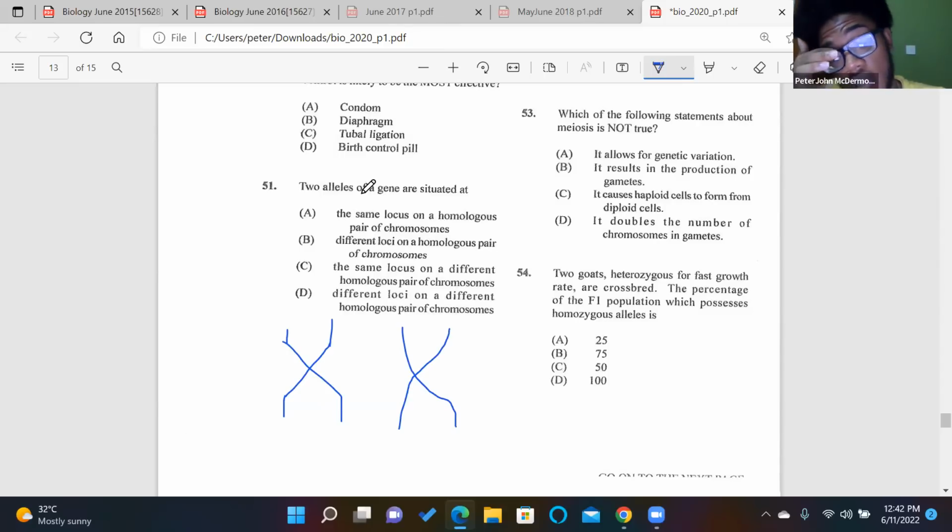Allele, what's an allele? Alternative form of a gene. Yeah, so if it's an alternative form of a gene, it has to be the same gene. So if the gene is located here on this chromosome, the gene is also going to be located here on the other chromosome. So they're located at the same place, the same locus, on a different chromosome, because this is chromosome 1 and this is chromosome 2, so they are a homologous pair. These go together, right? So you have pairs of chromosomes. How many pairs of chromosomes do you have in your body?